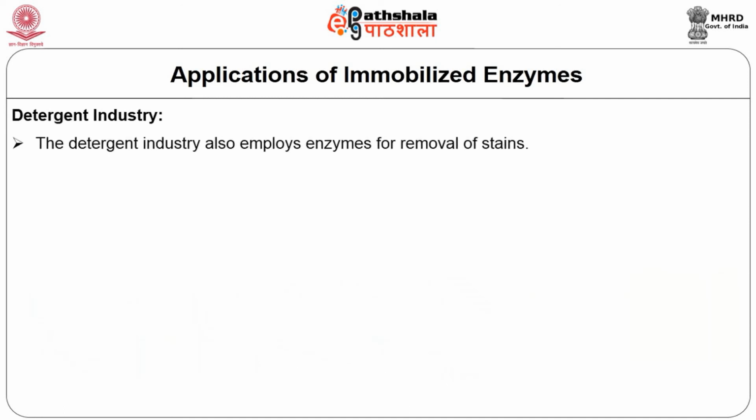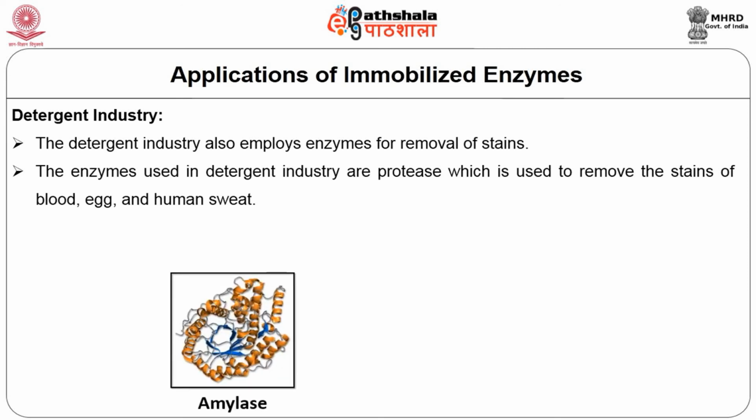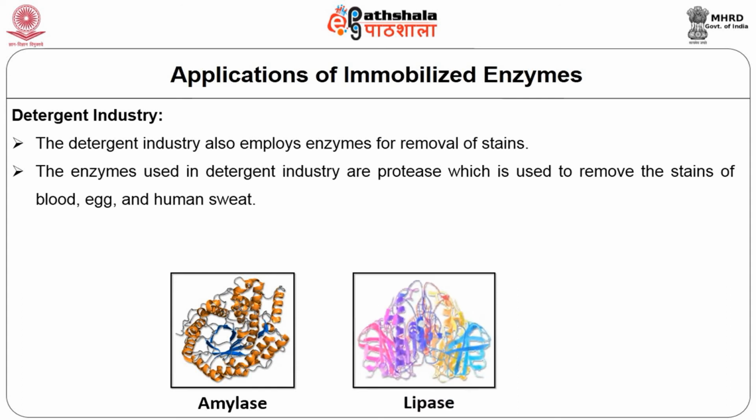The detergent industry employs enzymes for the removal of stains. The enzymes used in the detergent industry are proteases, which are used to remove the stains of blood, egg and human sweat. Amylase is used to remove starch-based stains like potatoes, gravies and chocolate. Lipases are used to remove the stains of oil and fats and also the stains in collars.